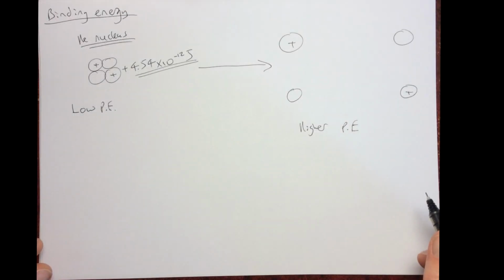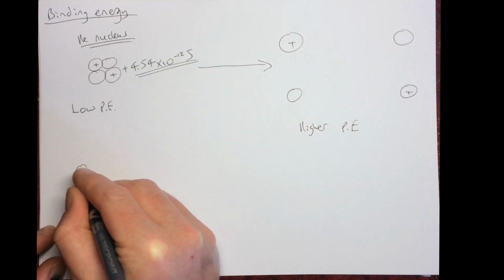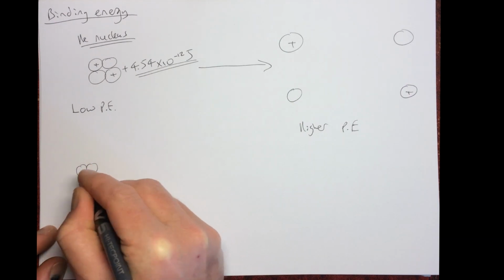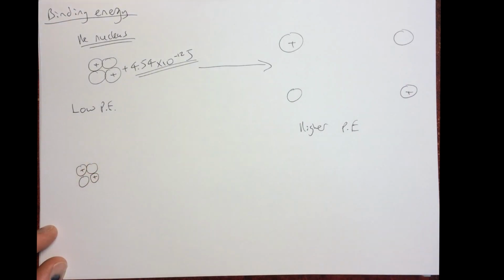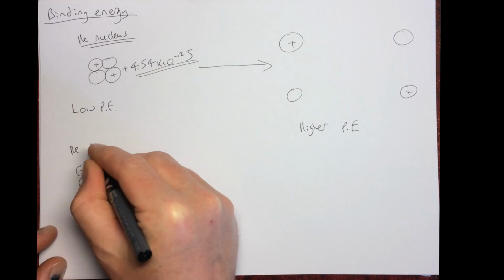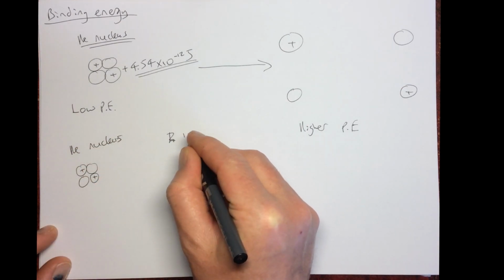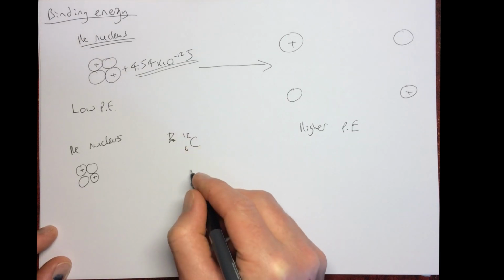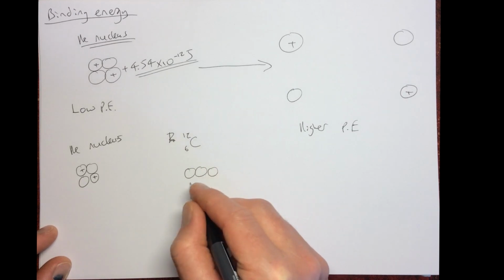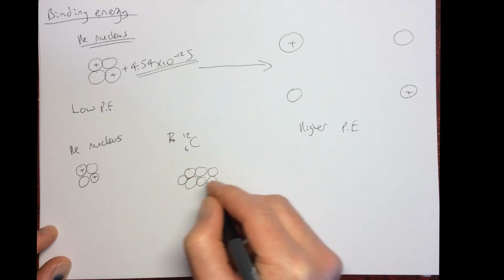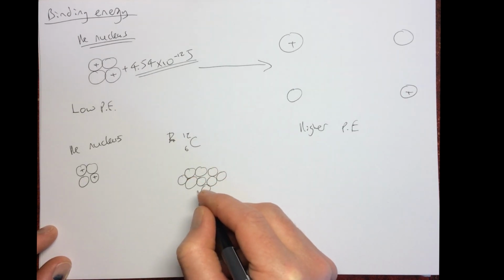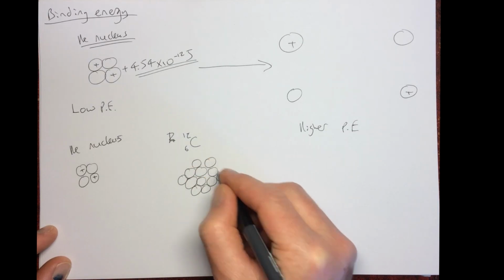The next thing to say is this. Okay, here's your helium nucleus. Okay, but what about a bigger nucleus? Okay, carbon. Okay, so carbon 12-6. Okay, the carbon nucleus is going to consist of 1, 2, 3, 4, 5, 6, 7, 8, 9, 10, 11, 12 nucleons.